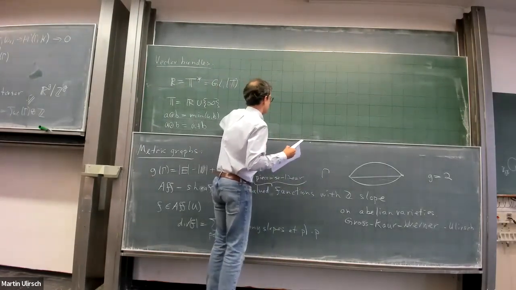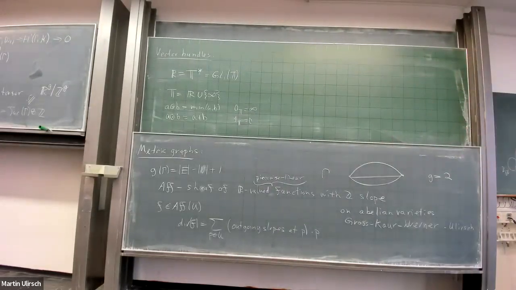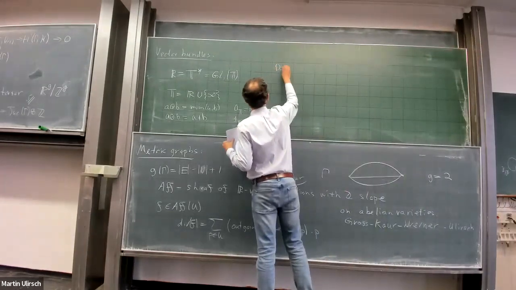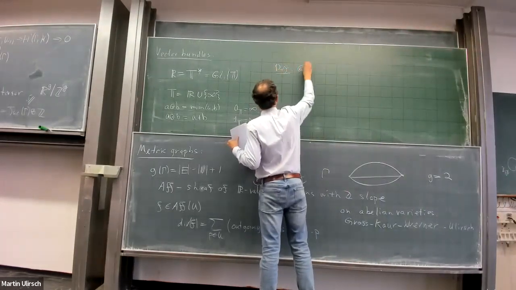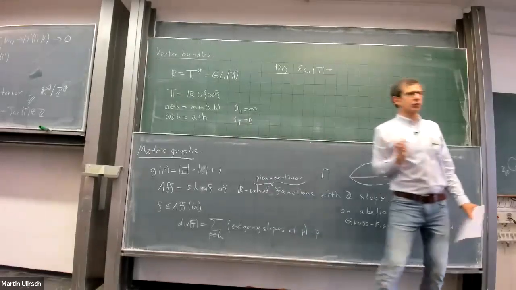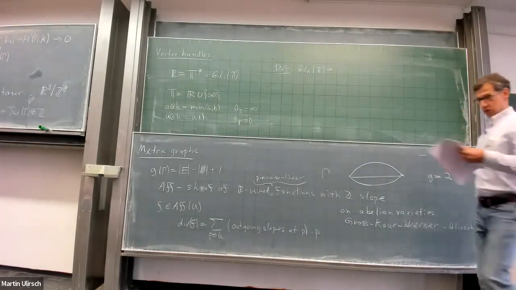Okay, well, I have some room here. So you can take matrices over any semiring because matrix multiplication does not involve subtraction, right? So I'm just going to define GL_n(T) to be the group of invertible n by n tropical matrices.